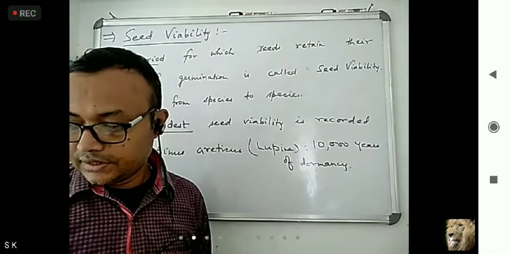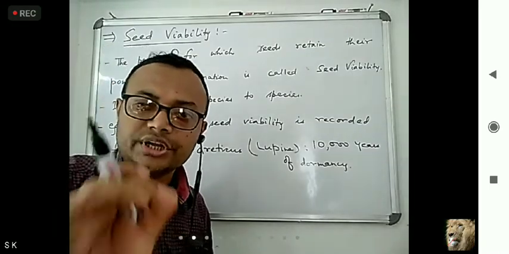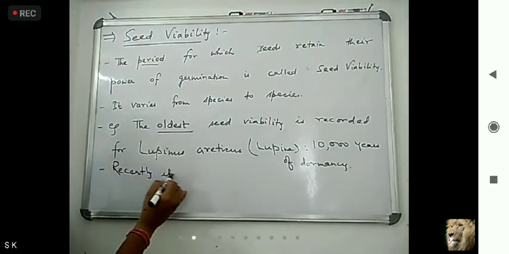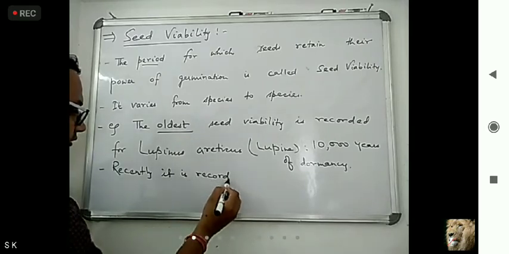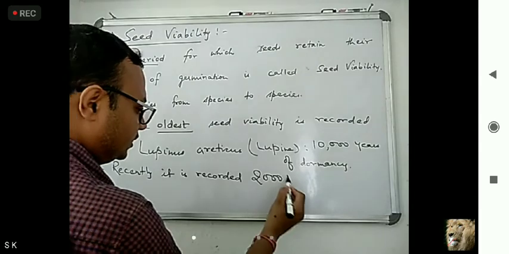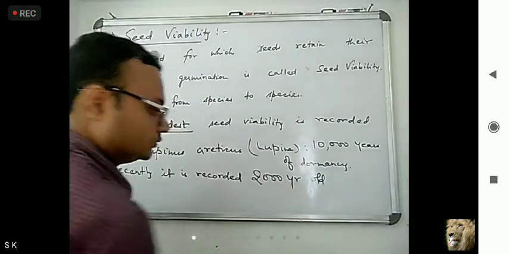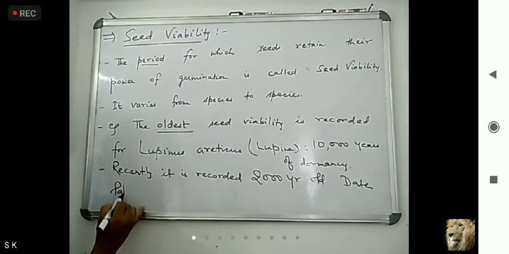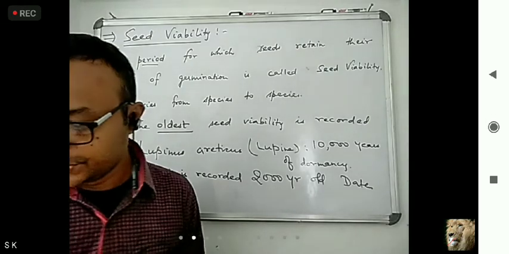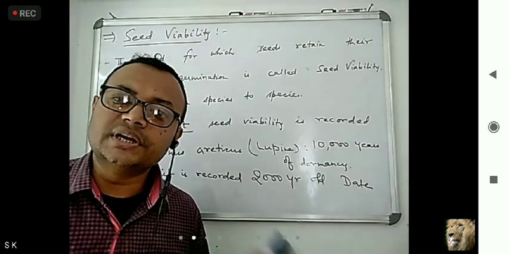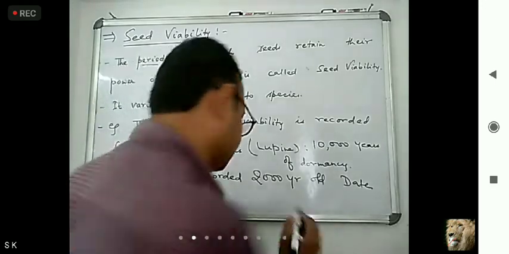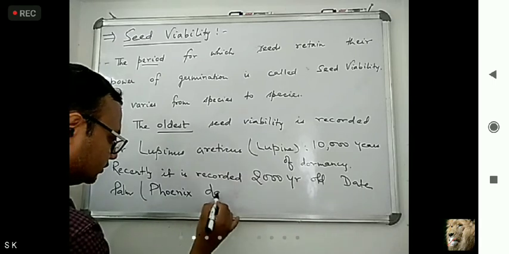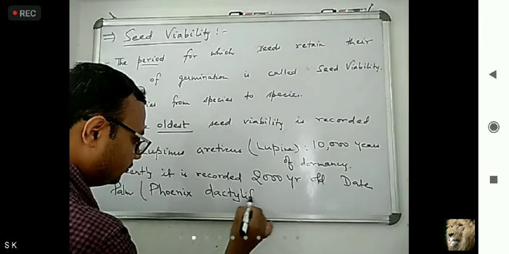Okay, and recently a 2,000-year-old date palm has been recorded, and its botanical name is Phoenix dactylifera.